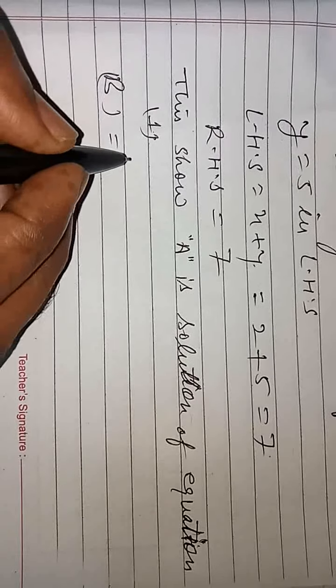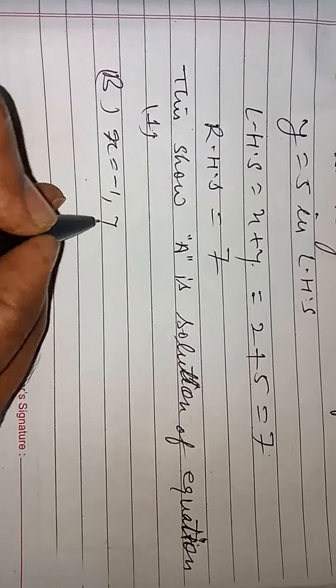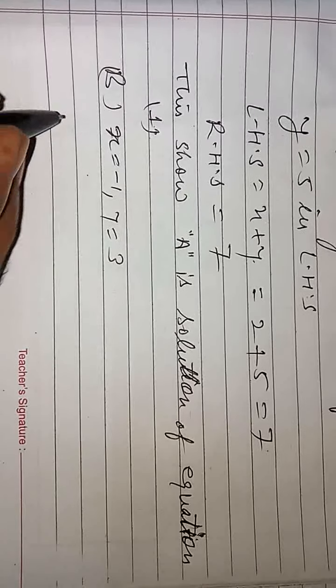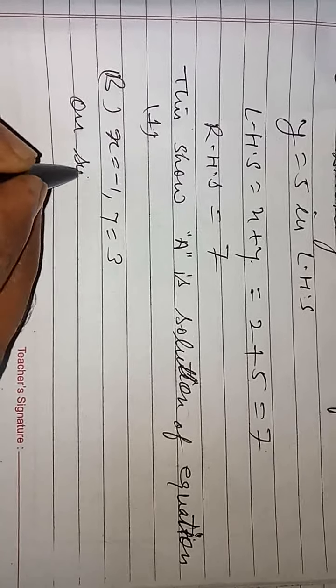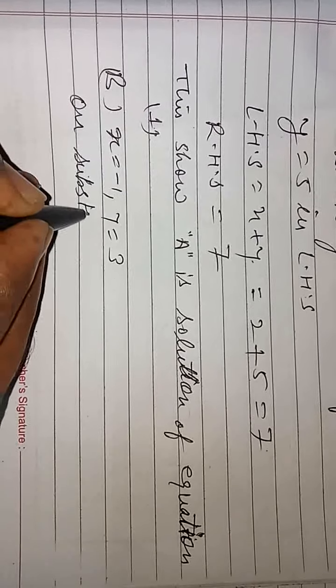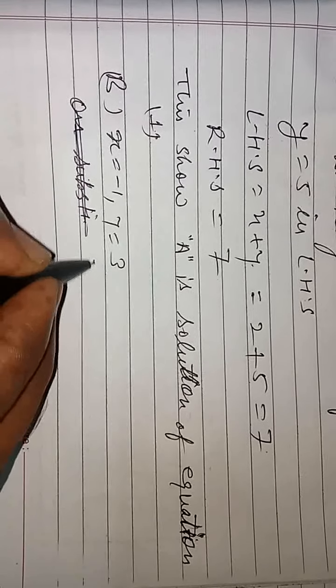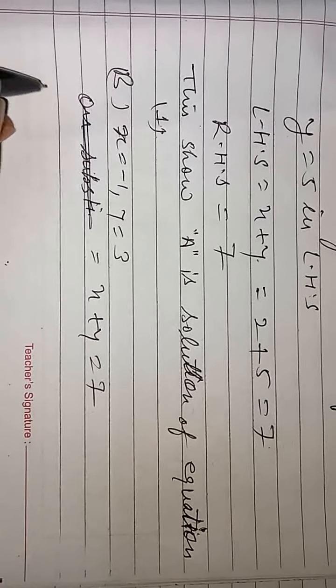Then B, x equal to -1, y equal to 3. Same process we applied. On substituting, at first write equation x plus y equal to 7.